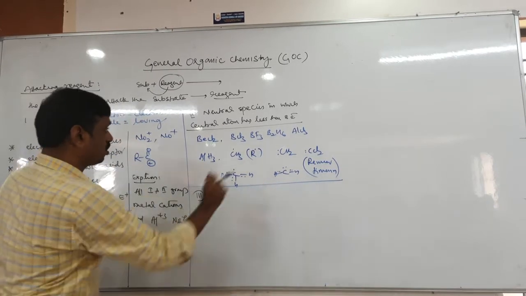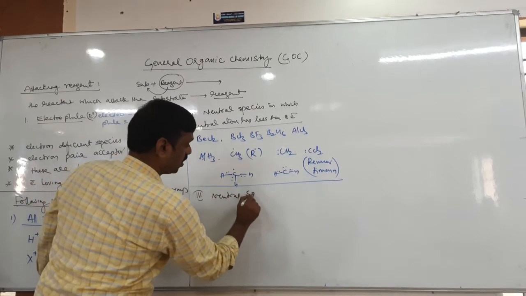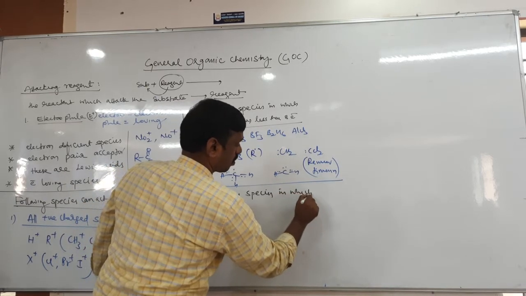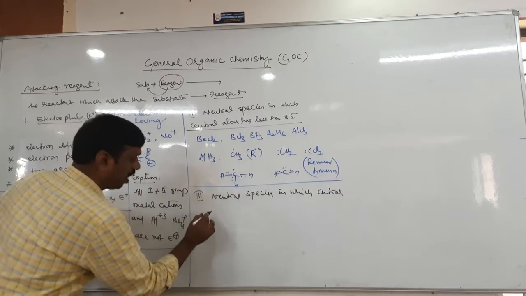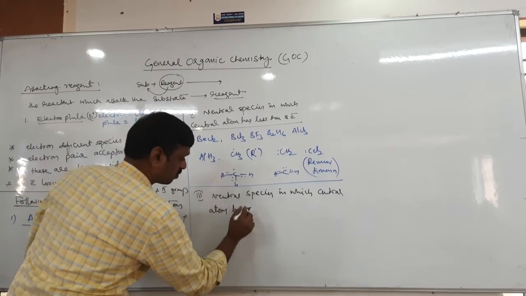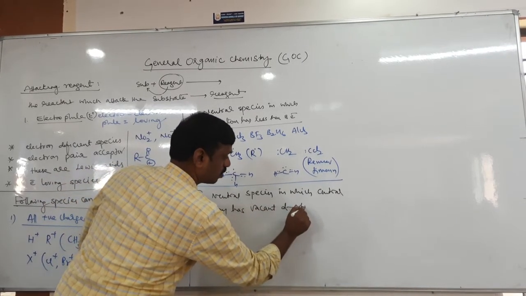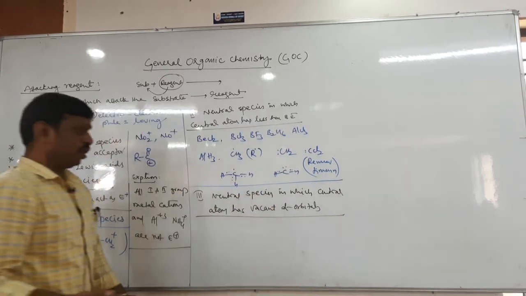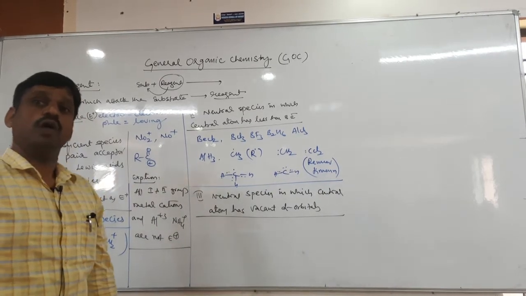So therefore, other than the first element in the p block can also have d orbitals, vacant d orbitals. Okay. Therefore, the third case is neutral species in which the central atom has a vacant d orbital. Right. Neutral species in which the central atom has a vacant d orbital can also be electrophiles.